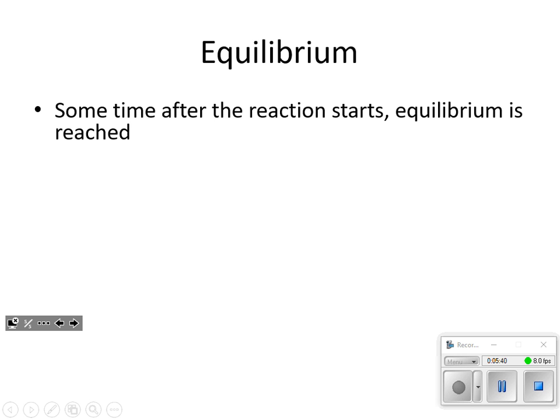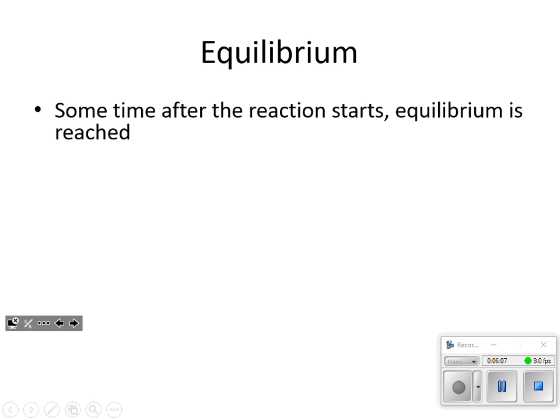So, a normal reaction is done when you run out of reactant. Everything gets used up. Hopefully that's kind of straightforward. If I poured some hexane on a lab bench and I lit it on fire, once all that hexane's gone, the reaction stops. Equilibrium reactions don't work that way.